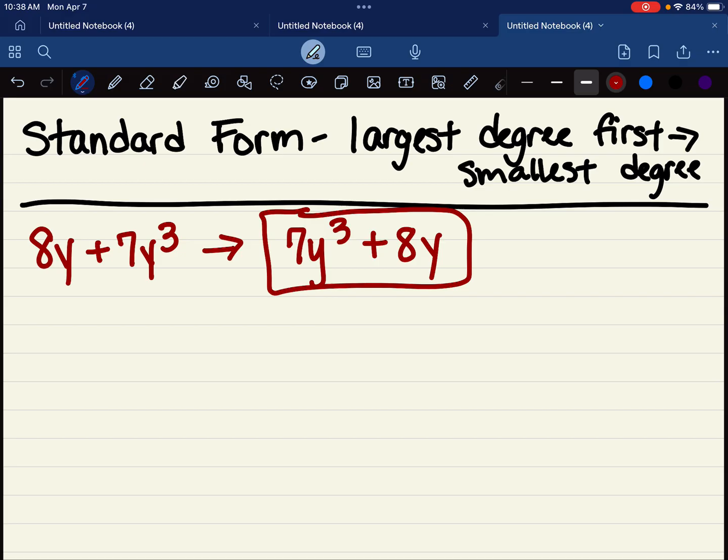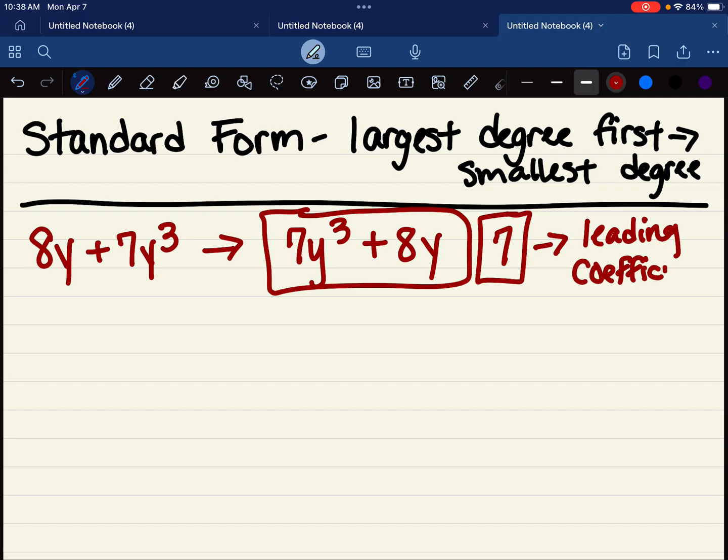So is 8 also a coefficient? Yes. Why is 8 not the leading coefficient? Because it's not in front, okay? Now, can you identify the leading coefficient if it's not in standard form? No, right? Because otherwise you would say 8, which is not the correct answer. So standard form first, then you can identify the leading coefficient.